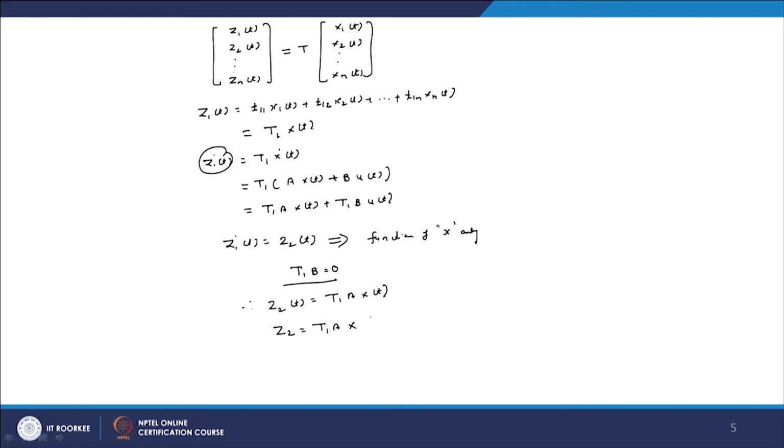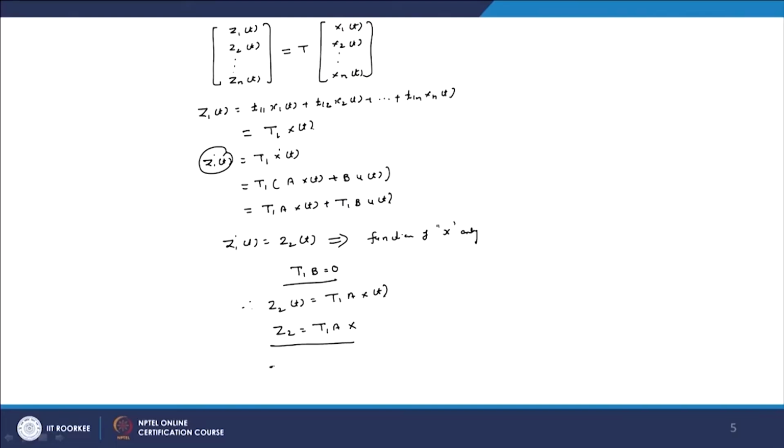So, now we have got z2, but we want z2, z3, z4 up to zn. So, here we again differentiate these equations. After differentiating, we will get z2 dot equal to T1 A x dot. So, here T1 A x dot, we replace x dot as Ax plus Bu, and now you solve it.